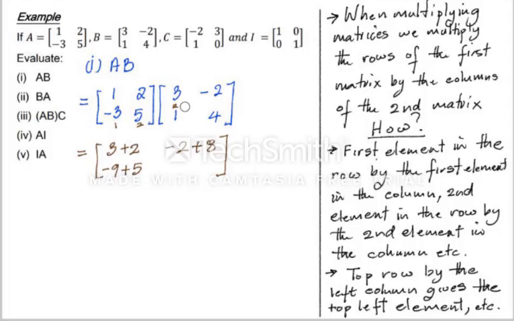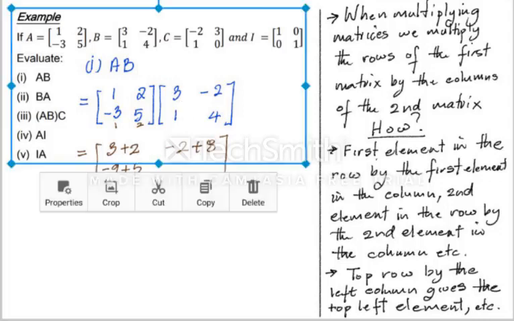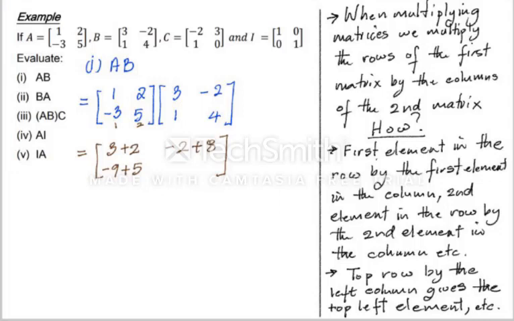Same bottom row, but this time by the right column. A negative times a negative is a positive. Minus 3 times minus 2 is 6, and 5 times 4 is 20.